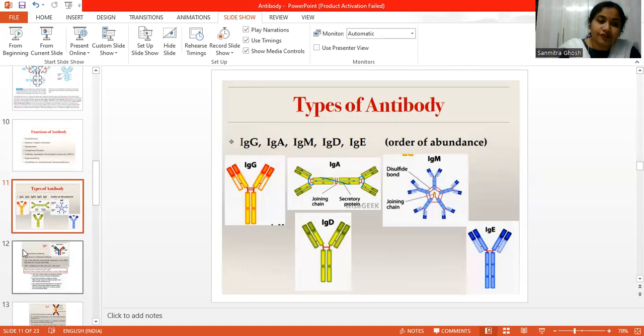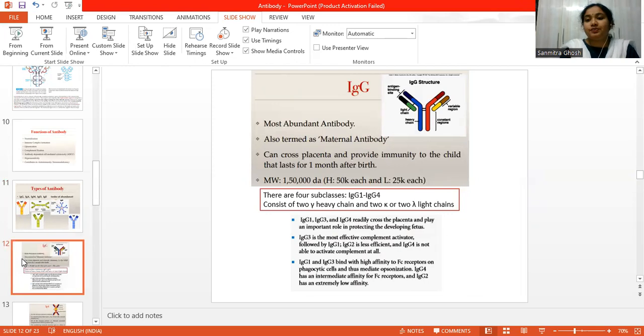So first of all, we will start with the most abundant form of antibody which is present in our body, and that is IgG or immunoglobulin G. Now, before starting about this IgG, I would like to mention one very important point regarding this classification of the immunoglobulins.